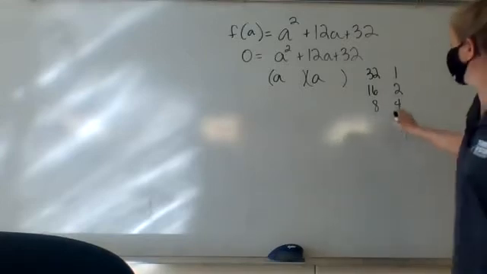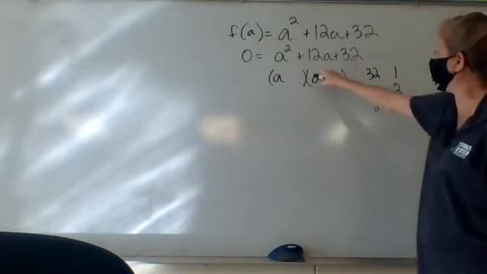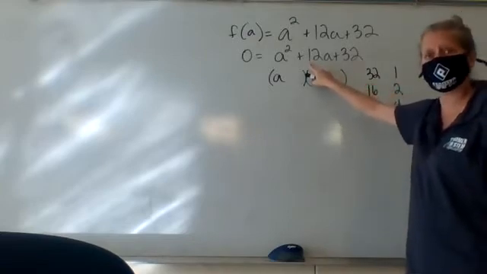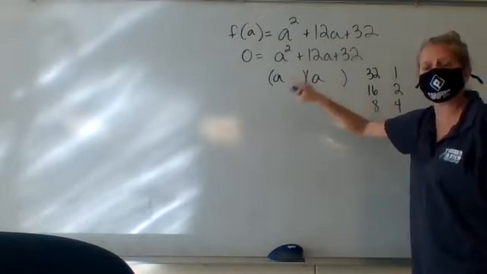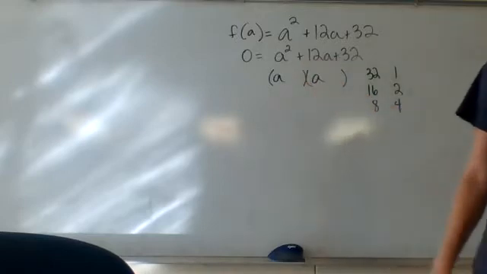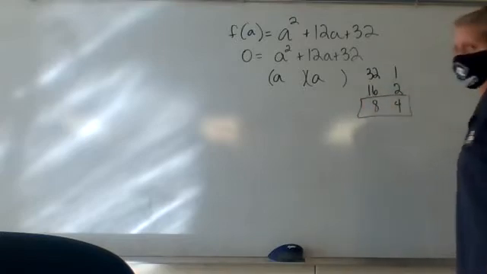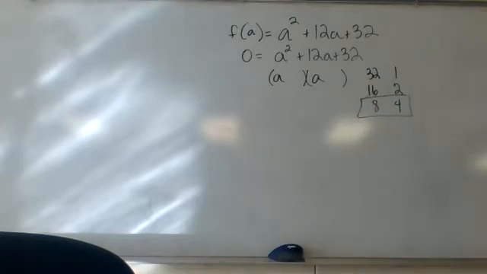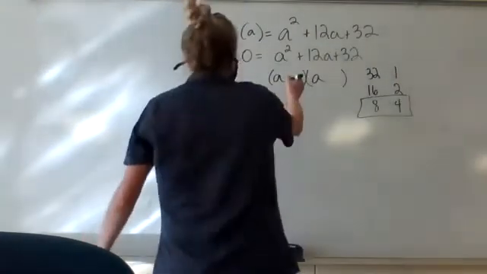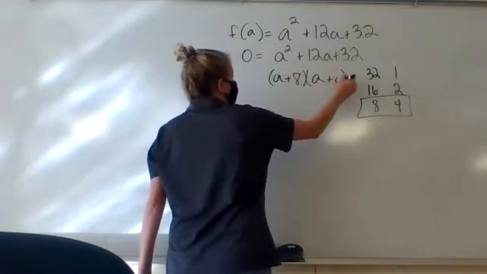Because that's all the ways to multiply to get 32. If there's a pair that adds to 12, then this is factorable and you can solve it by factoring. That pair right there will add to 12, right? 8 plus 4. So that's the numbers that come in here. Plus 8 plus 4.